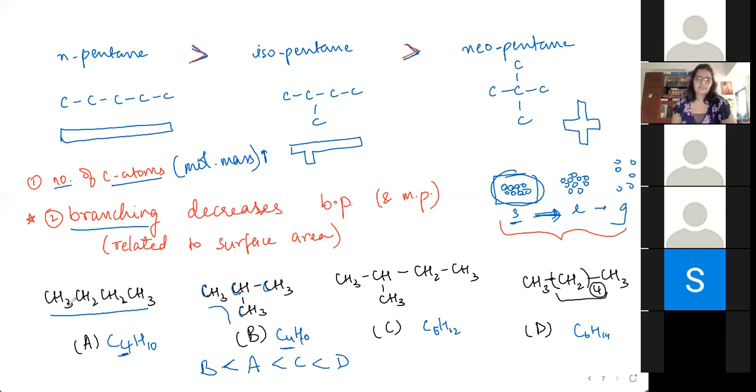That is the reason you count the total; molecular mass is technically the same for both. That's why we count these as equivalent. Okay? Got it? Yes, ma'am. Okay.